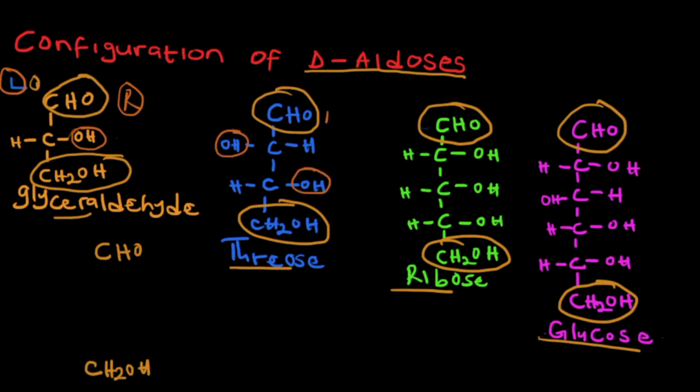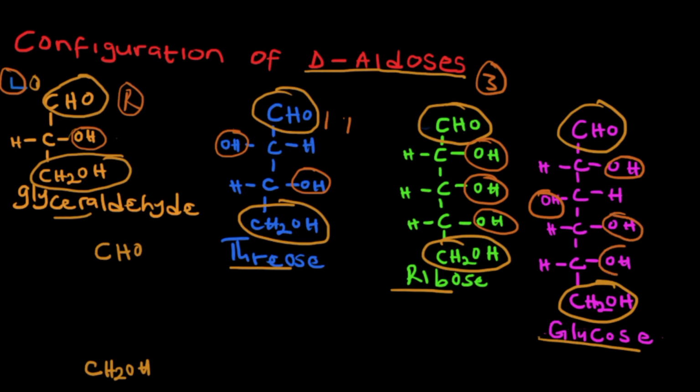In this one I have one hydroxyl group to the right, another to the right, and another to the right. That means three hydroxyl groups are to the right. And here I have one hydroxyl group to the right, one to the right, two to the right, three hydroxyl groups to the right.